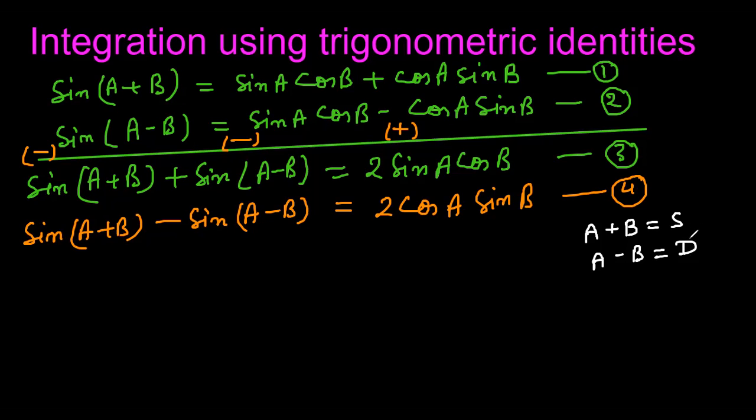So if A plus B is S and A minus B is D, simply add them. B and B get cancelled, and you are getting 2A is equal to S plus D. If 2A is S plus D, A can be written as S plus D divided by 2.